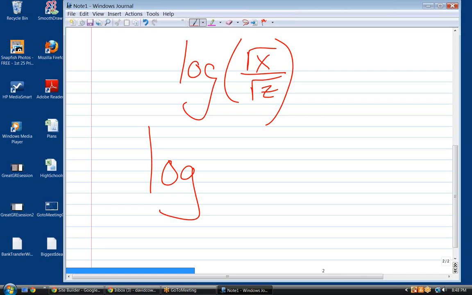One x to the 1/2 power. Is that what I need to do? Yeah. You need to convert those radicals to exponents. Exactly. Precisely. So 1/2 log x minus 1/2 log z.